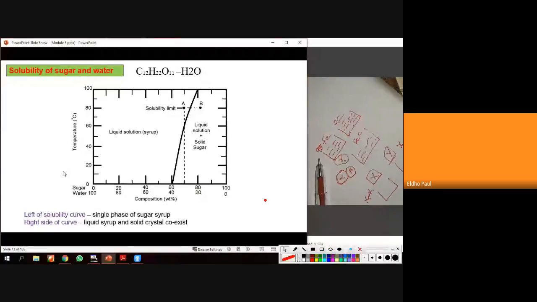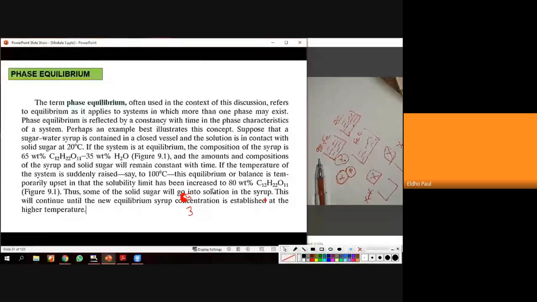This is 65, 35. So at 20 degrees, this is 65. Let me check the example. 65% of sugar, 35% of water.